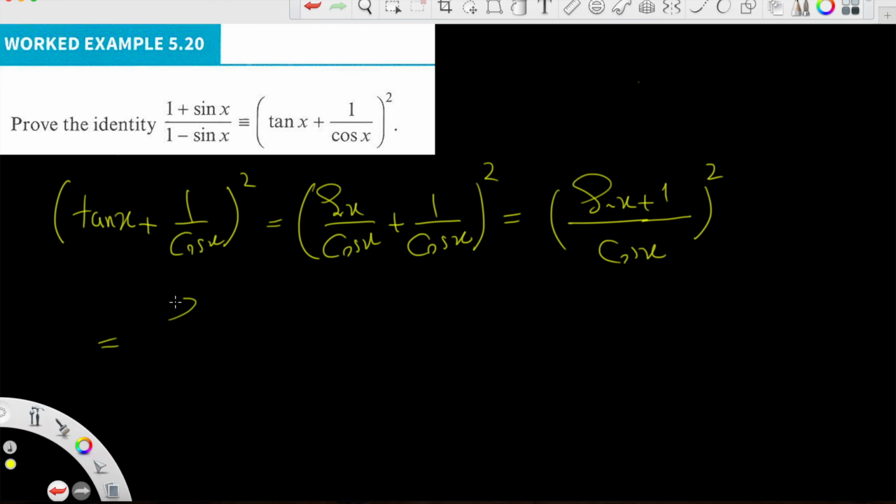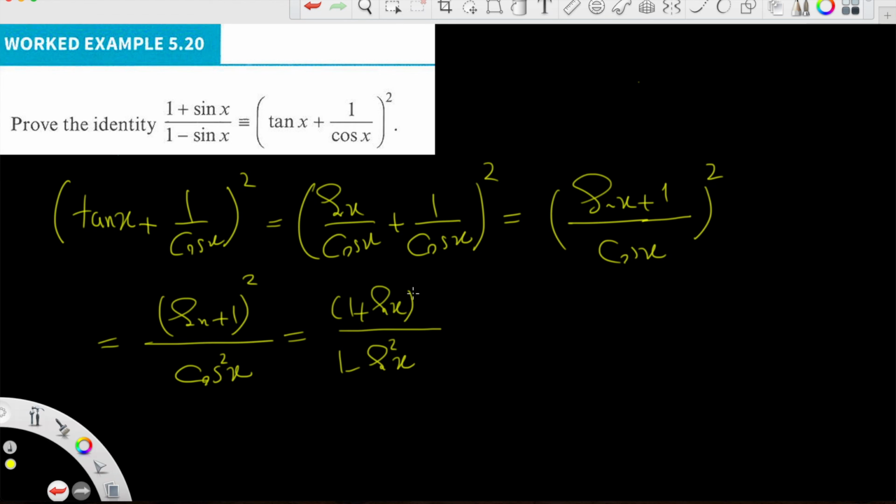Now I write them separately: sine of x plus 1, squared, over cosine squared of x. For cosine squared of x, I write 1 minus sine squared of x, and instead of sine of x plus 1, I write 1 plus sine of x, squared.